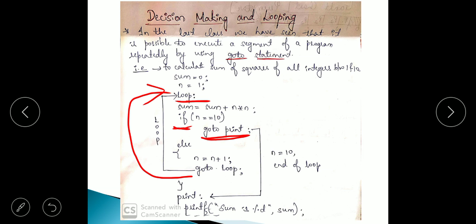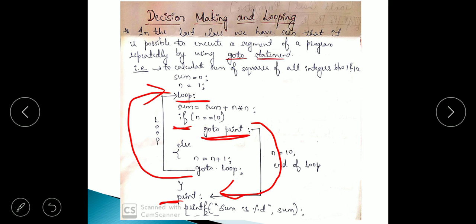Go to print. So where is the print label? When the control encounters go to print, it will jump to the print label. It is here. That's why the control will go from here to here.